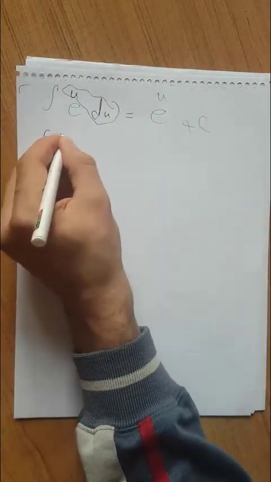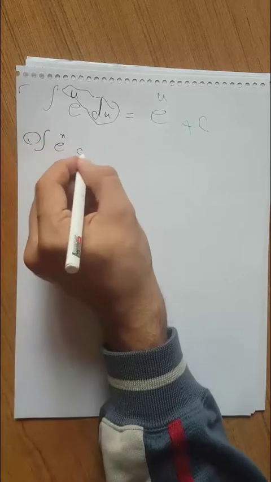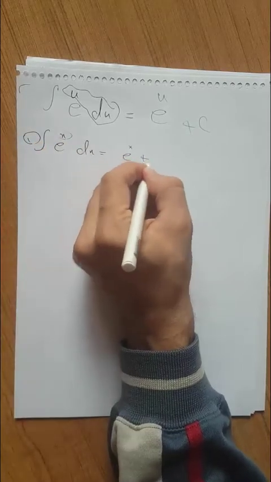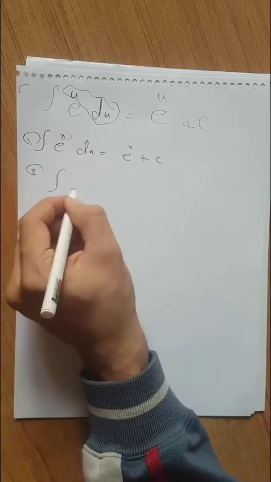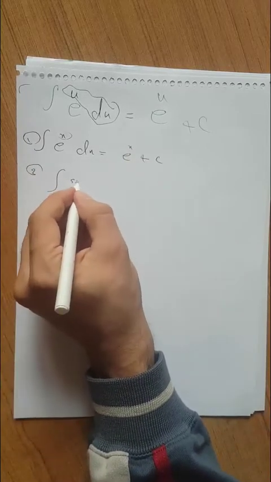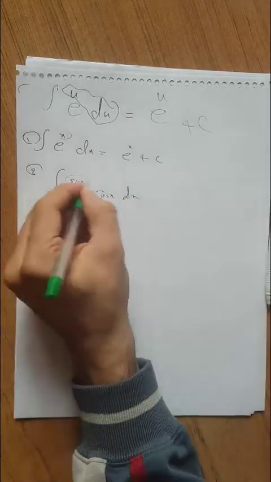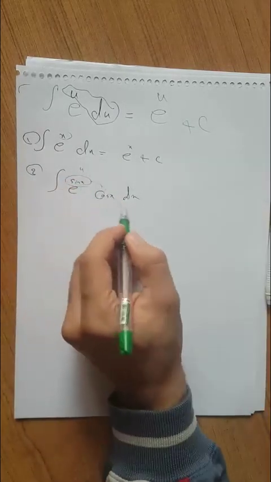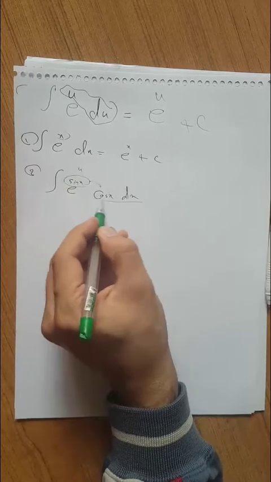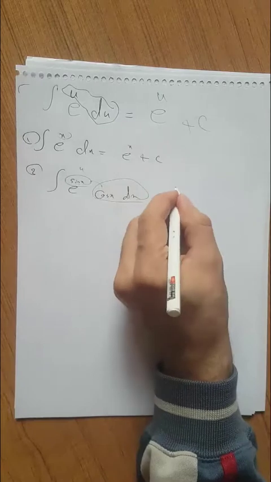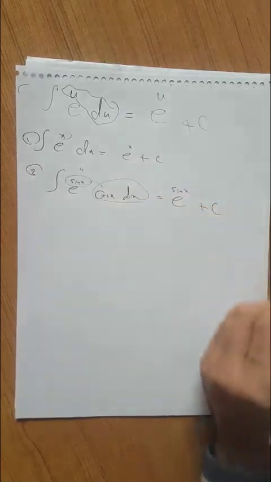Of course I'm going to start with an easy example. The derivative of x is dx, so that's why I say x plus c. How about this example: e to the power sine x cosine x dx. You know this is the u, so find whether the derivative exists. The derivative of sine is cosine dx, so it is equal to itself plus c. Nothing happened.